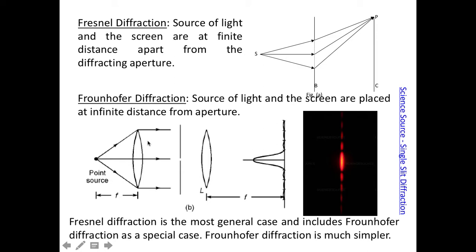In Fraunhofer diffraction, we take two convex lenses. You need to keep the source at the focal point of lens L1, and keep the screen at the focal point of lens L2.